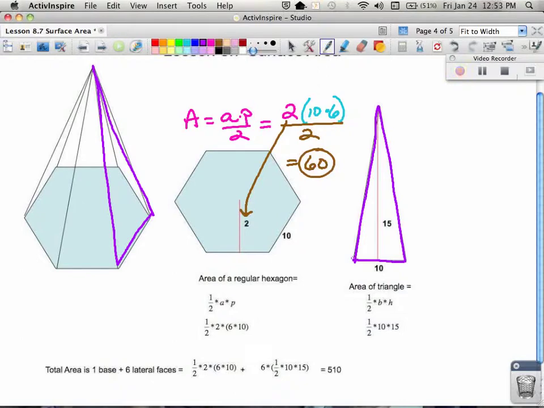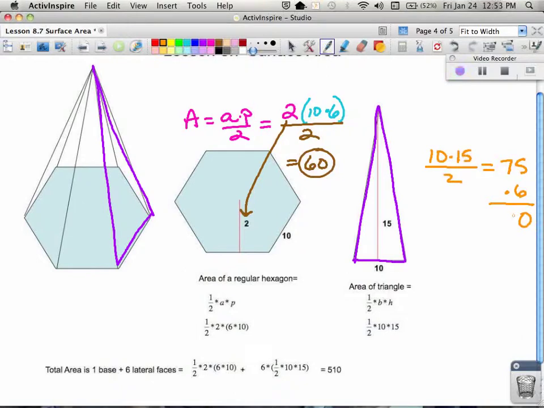That means that if I want to calculate the area of just one triangle, it's going to be the base, 10, times the height, 15, divided by 2. Or in other words, one triangle is 75. Now the problem is, I don't just have one triangle. I have 6. So I multiply this by 6, which is 450, I believe.